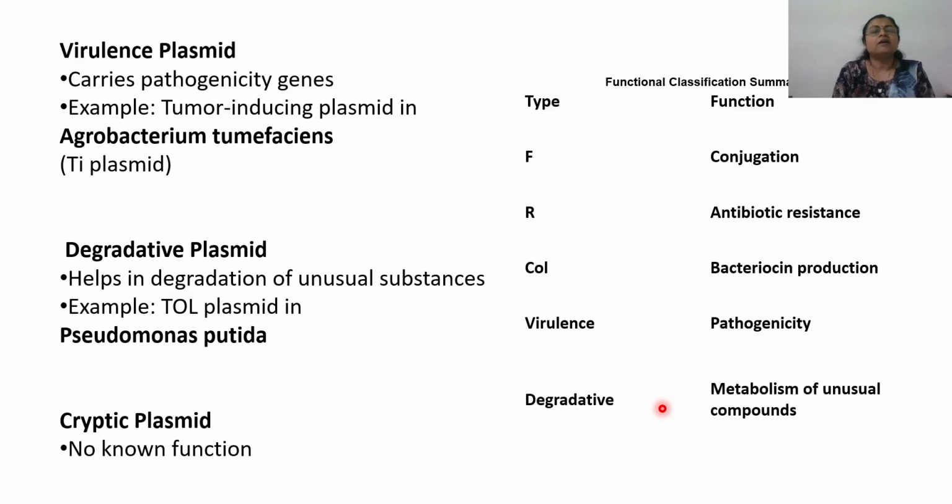They are pathogenic organisms because of the presence of such a virulence plasmid. Degradative plasmids are also there, which help in degradation of unusual substances, or simply we can say metabolism of unusual compounds. For example, TOL type of plasmids which are present in Pseudomonas putida.